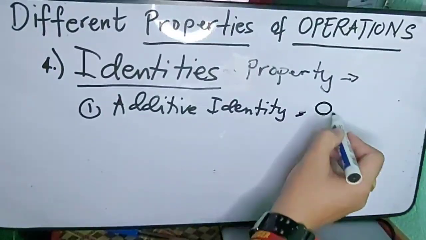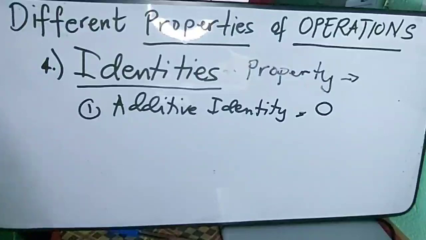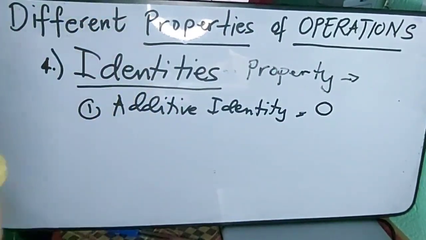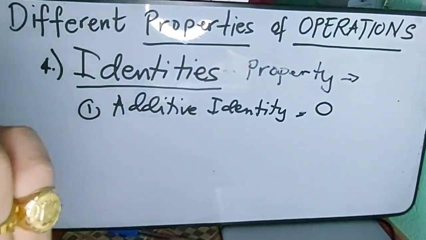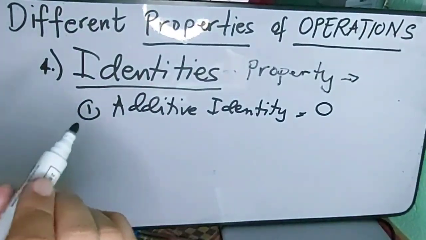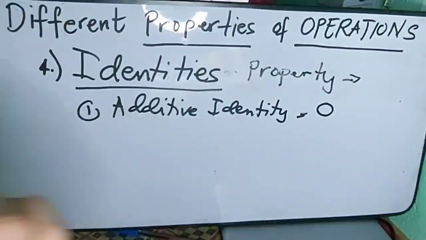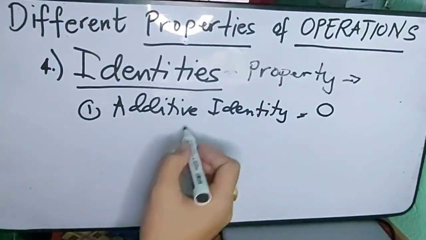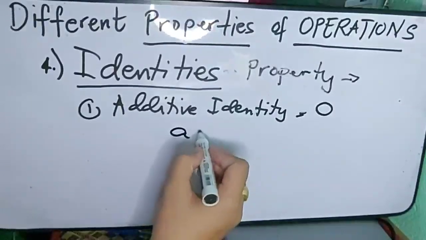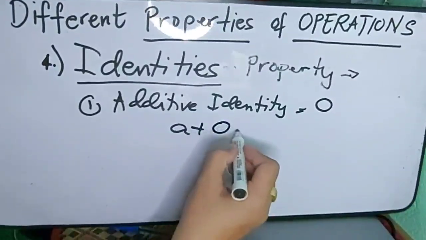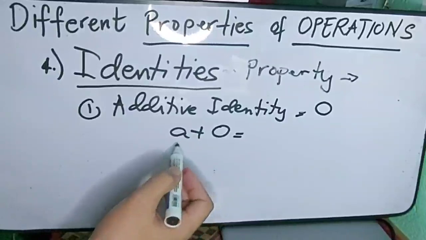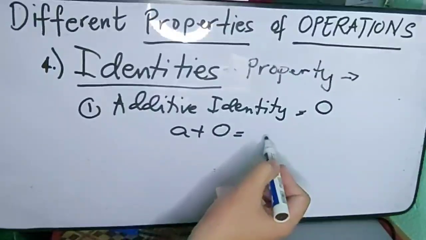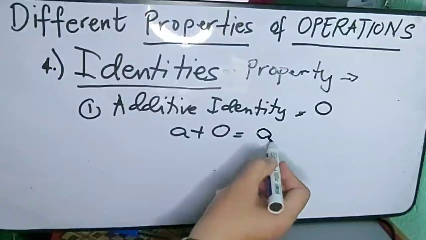Any number added to 0 always gives the given number itself. For example, A plus 0. The answer is what? The given number. So the answer is A.